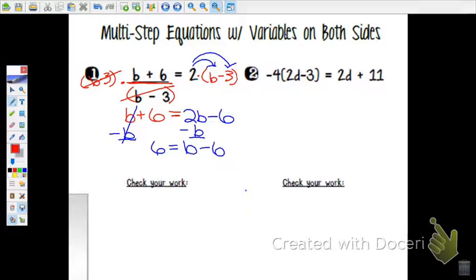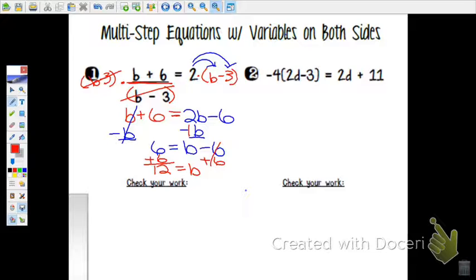Okay, if it helps you to put that 1 in front of the b to see 2 minus 1, we just don't show it in our final answer. So I have 6 equals b minus 6. I want the b by itself, so I'm going to add 6 to both sides to find that b is equal to 12.